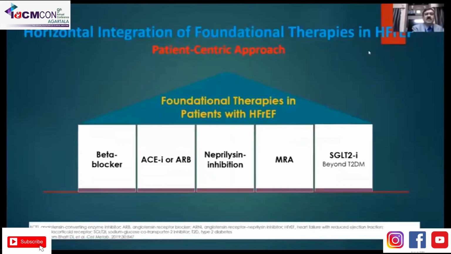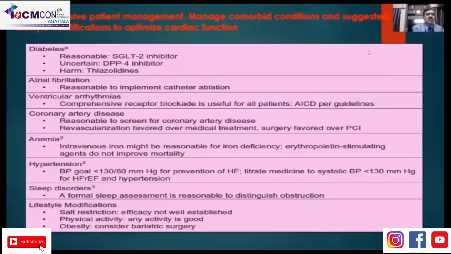Of course, each patient has to be individualized, but one should never forget the foundational therapies. Beyond that, one should treat diabetes, AF, ventricular arrhythmia, CAD, anemia, hypertension, obstructive sleep apnea, and never forget, last but not the least, lifestyle modifications. All these are very effective in the long-term management of heart failure patients.